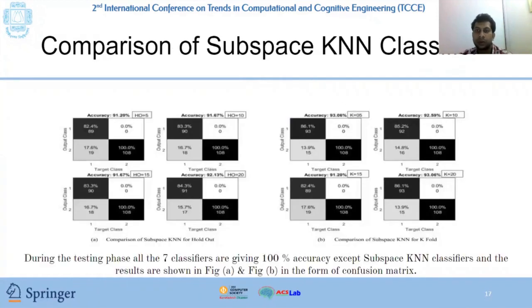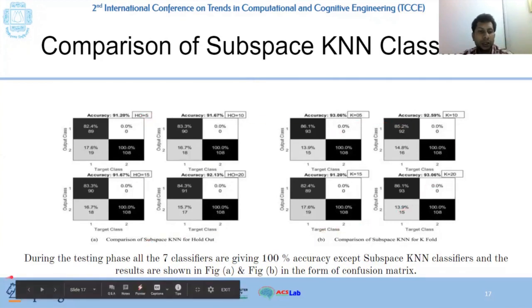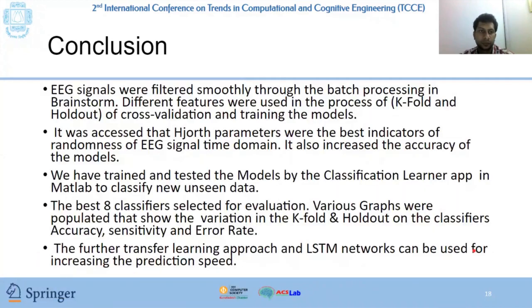And for the particular case of the subspace KNN classifier, there are various accuracies at the different levels of holdouts and k-folds. And during the testing phase, all the classifiers generally give 100% accuracy except this subspace KNN classifier, and the results are shown in figures A and B in the form of confusion matrices.